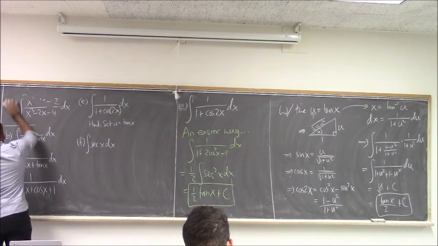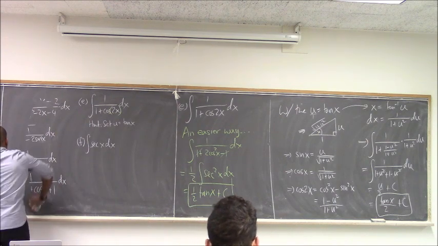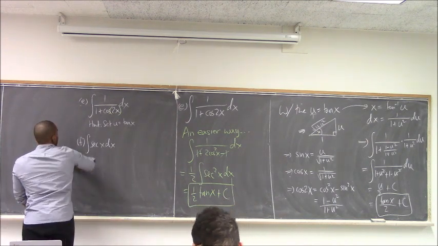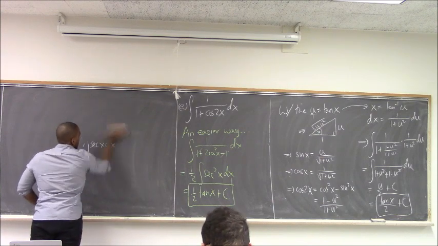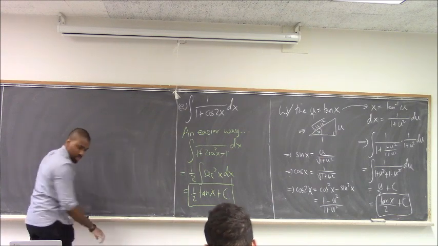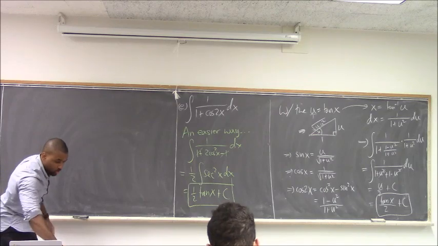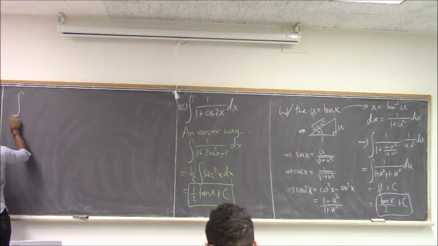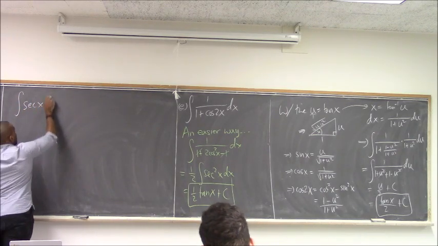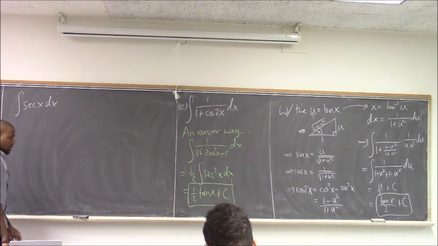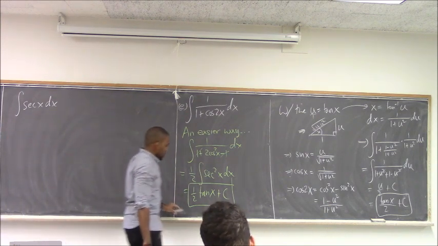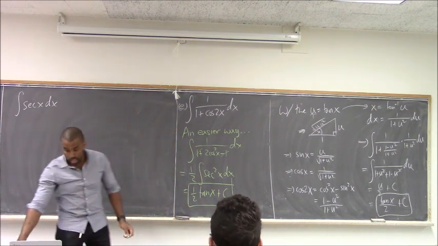Okay, finally, secant x. Let's get through this one. I just wanted you to experience another way to do this integral. So we already know the answer here. What's the integral of secant x?